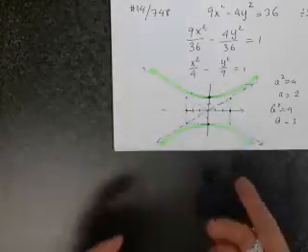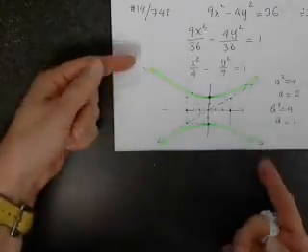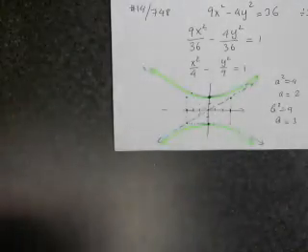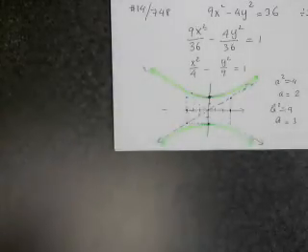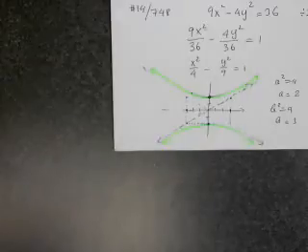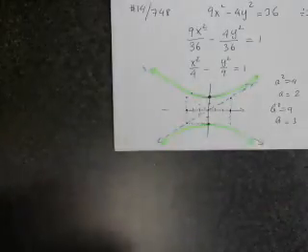We'll identify the foci here, and we'll determine the equations of the asymptotes on Wednesday. And this is the graph of the hyperbola. As you notice, all these 4 conic sections are not functions. By the vertical line test, they're not functions.